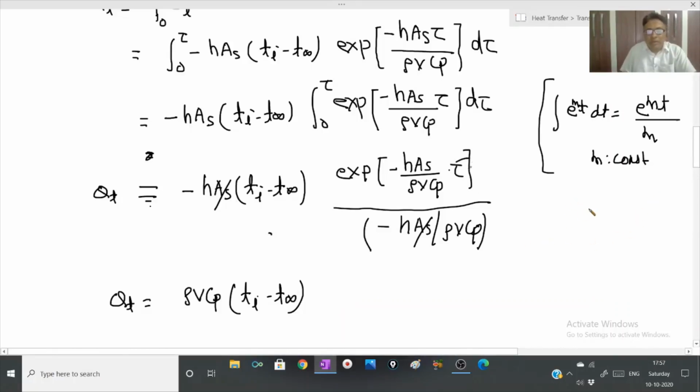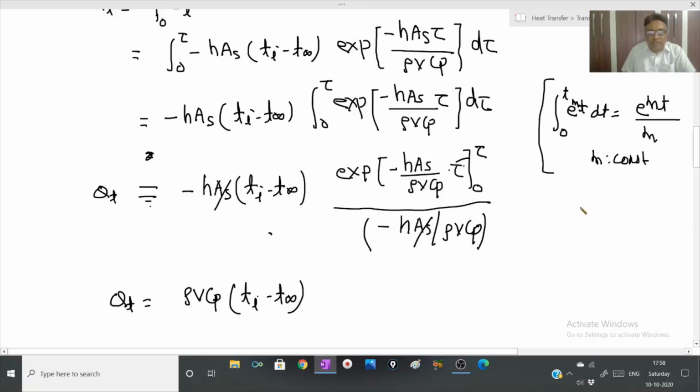And sorry for that, here the limit is also there from 0 to tau. So that limit also I have to take into consideration.